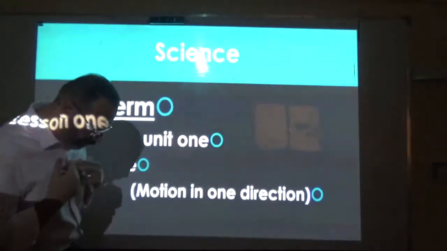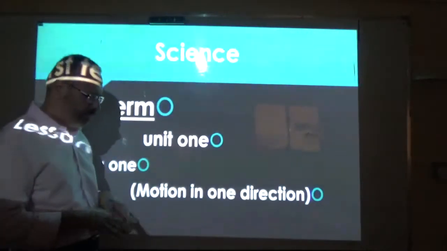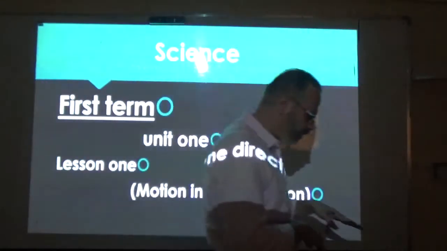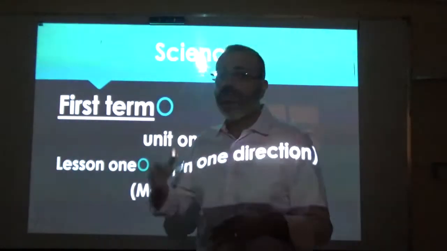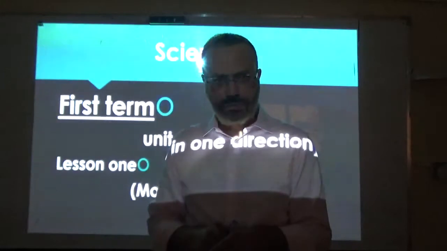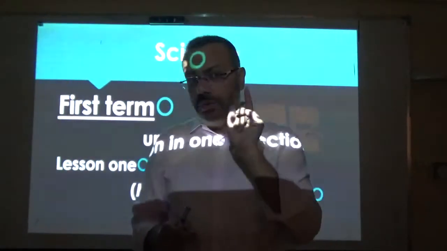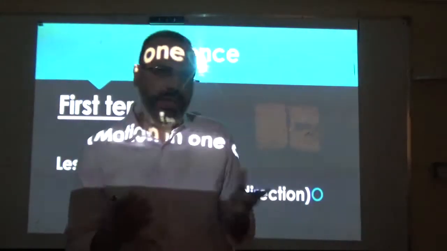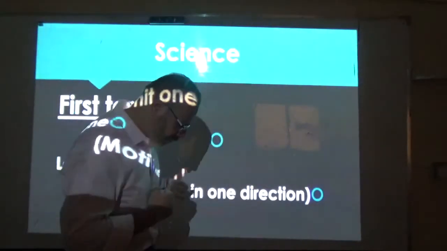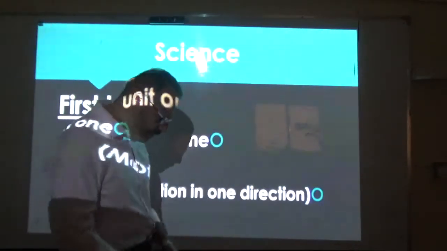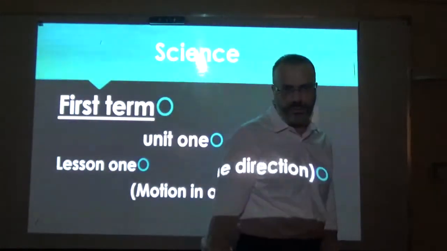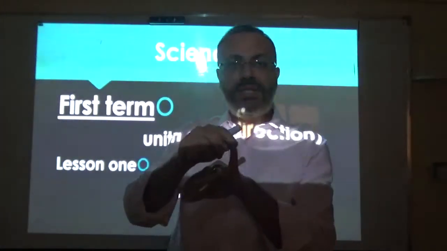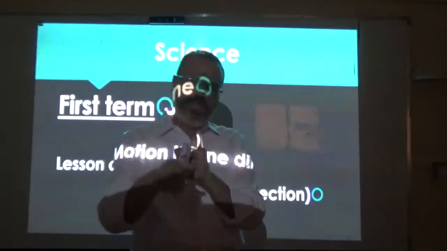For example, if I stand at this point and I walk to this point, in this case, I can say that I move. So motion, or movement, means there is a change in the position of an object from one point to another point. So motion is the change in an object's position.